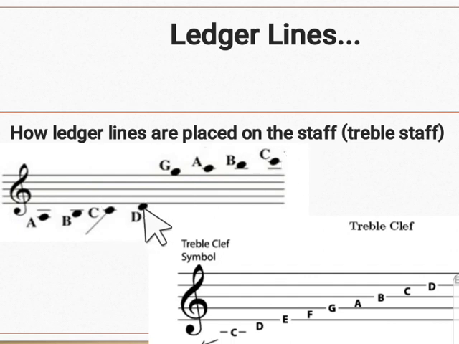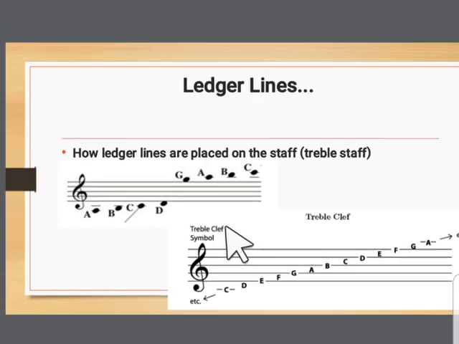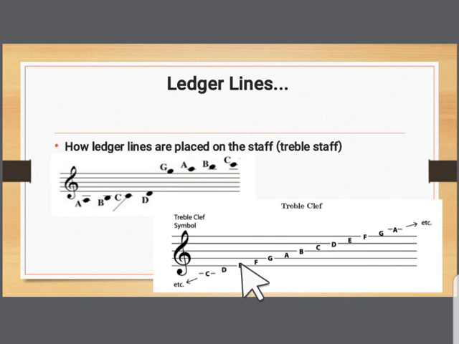On the treble staff, we learned that the first line is E. When placing the ledger lines, it continues alphabetically, ascending or descending.